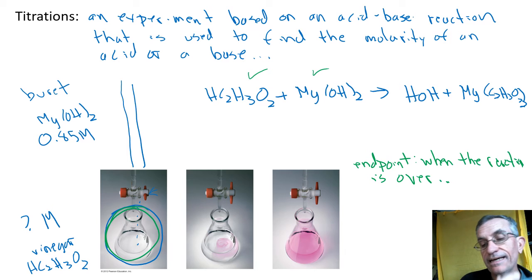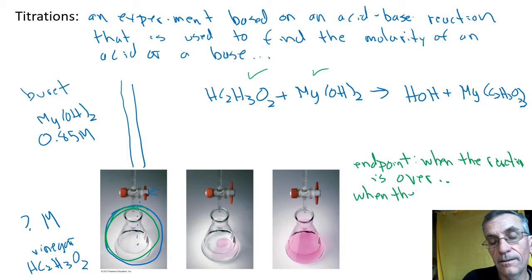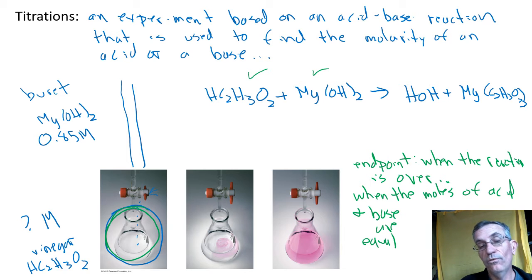Now, a better way of saying that, it's when the moles of acid and base are equal. So the reaction will be done when there's just enough acid and base around that they have killed each other off and formed water. All right. Oh, I just noticed I didn't balance this thing, did I? You really need a 2 here and a 2 here. Okay. So when that happens, the reaction is done.